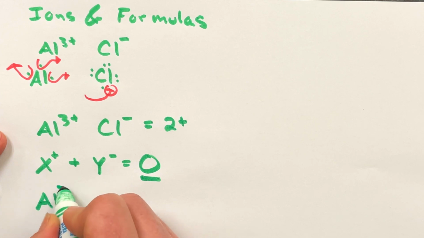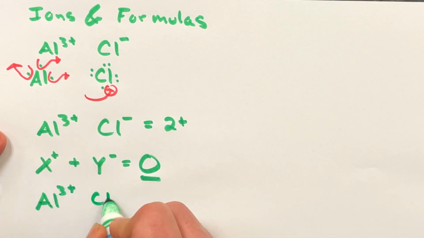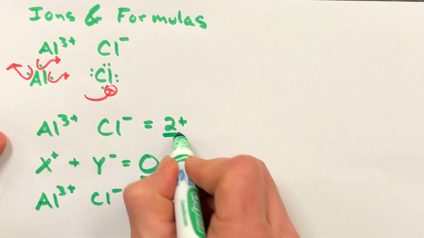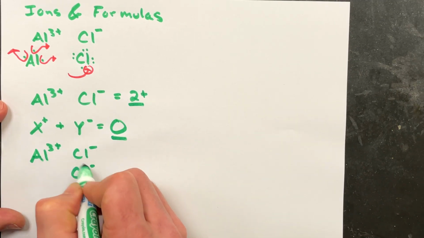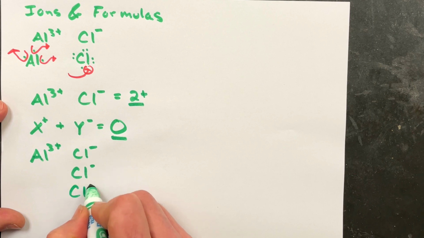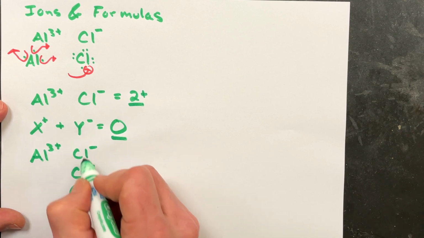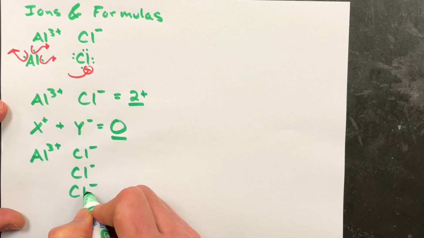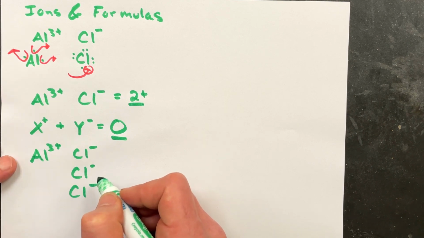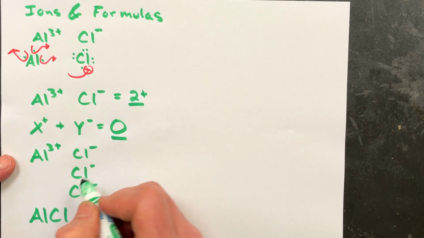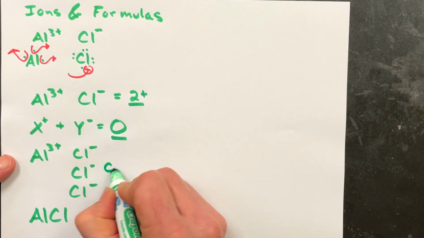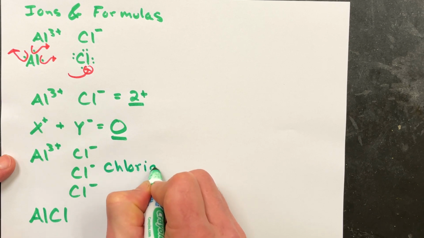Aluminum, 3+. This gets us to 2+. Another one gets us 3 plus 2 minus is 1+. 3 plus 1, 2, 3 minus gets us to 0. So this means aluminum, there's 1 of, and the chloride, we drop the ending when you're naming these.